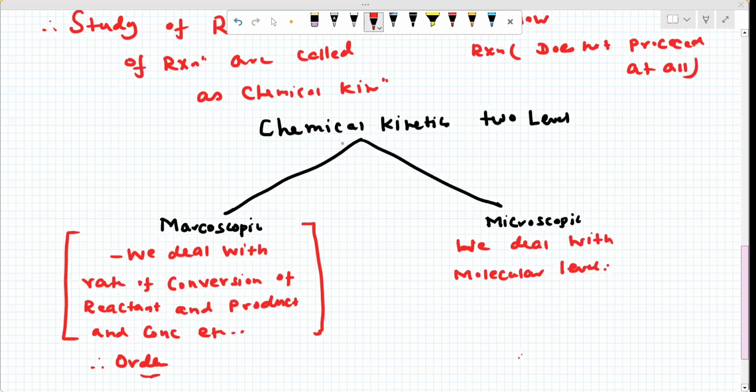Involving the mechanism and activation energy and orientation of molecules.